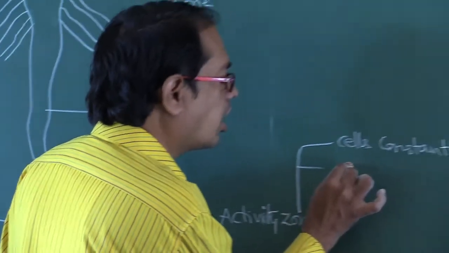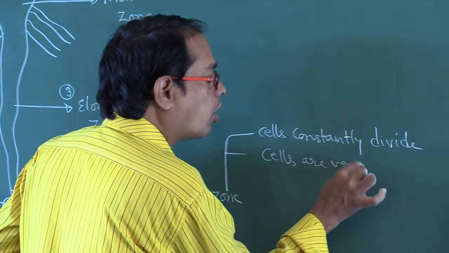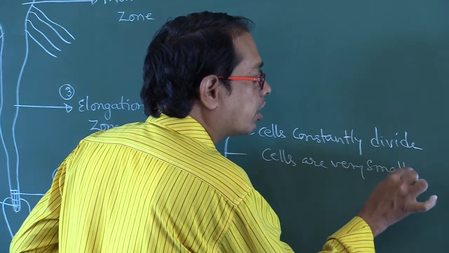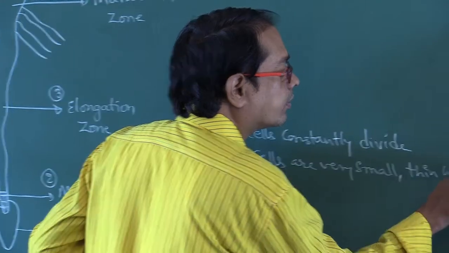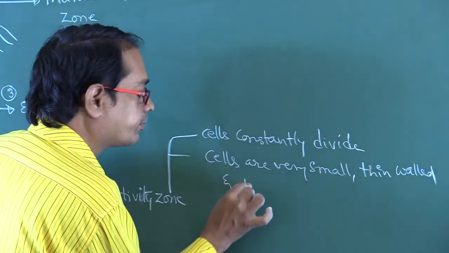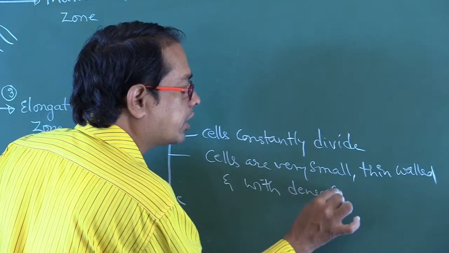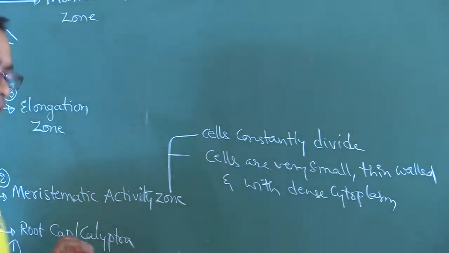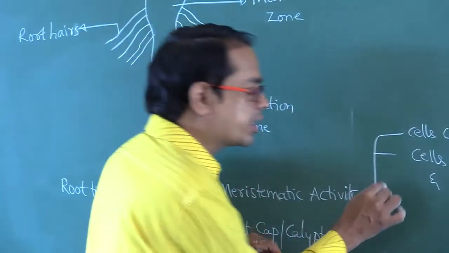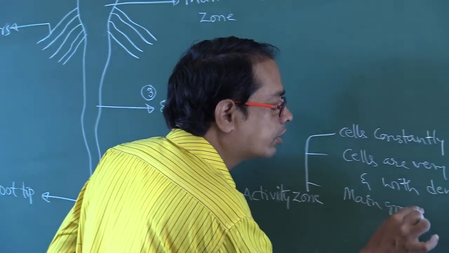These cells are very small, thin walled, and with dense cytoplasm. Here cell division occurs.